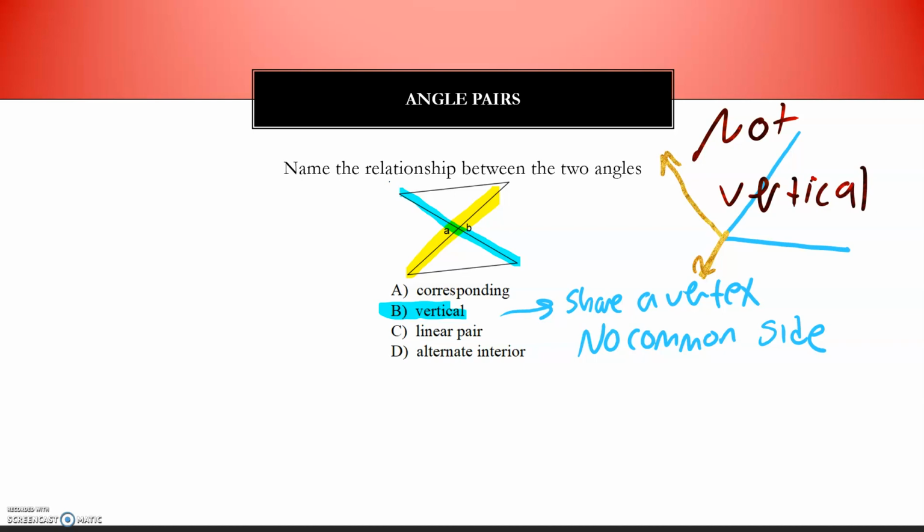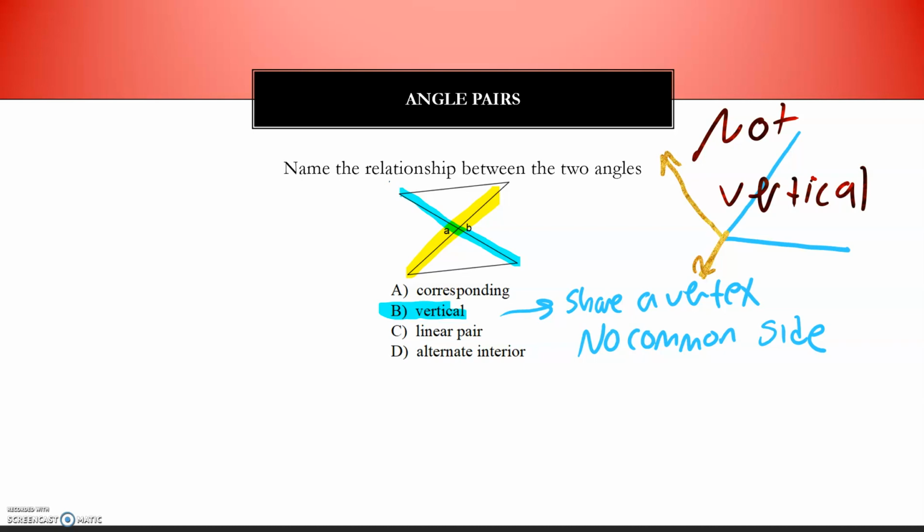The other way that I tend to think about this, if you look at the highlighting, I call them the bow tie angles or the X angles, meaning they're angles formed by two whole lines, okay? And then you have one on one side of the X, one on the other, where A and B are.